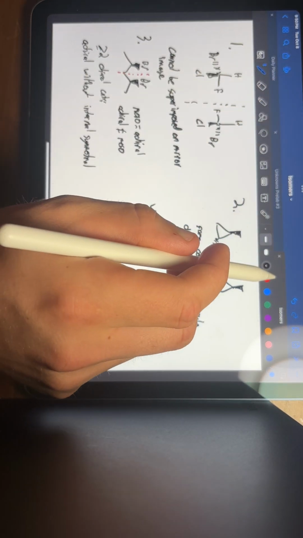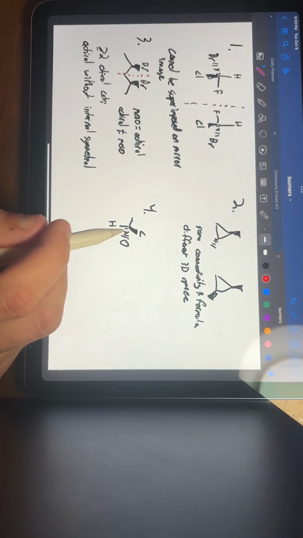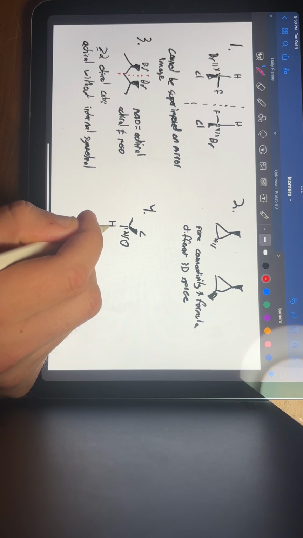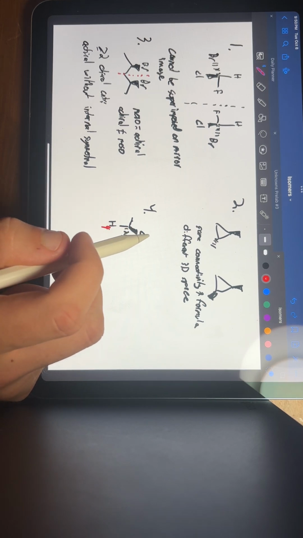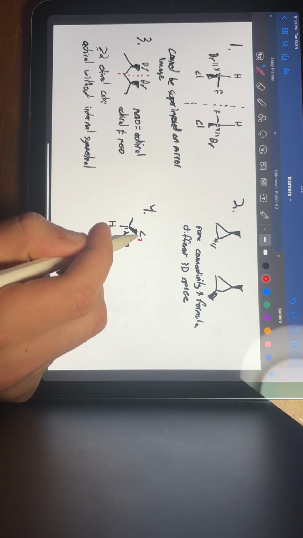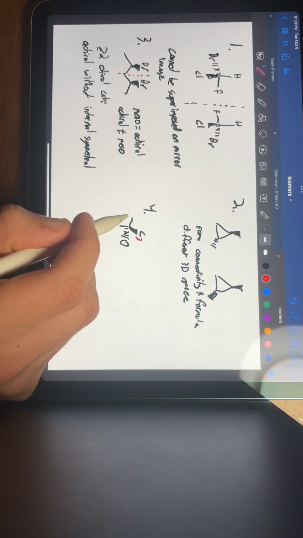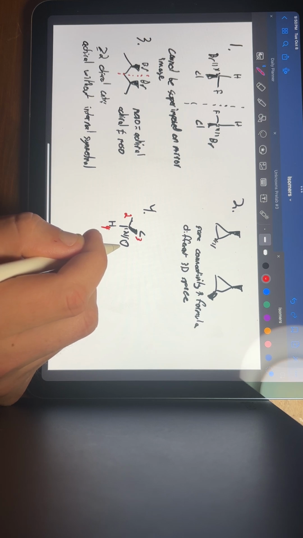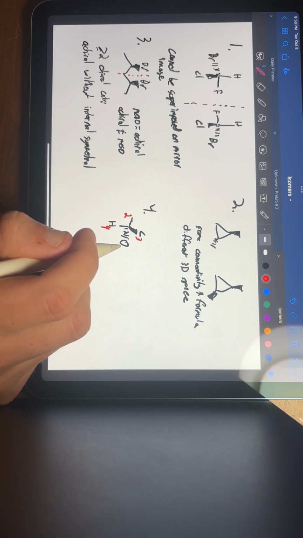And then we have to assign the importance to them. So the hydrogen is going to be 4. This carbon only has one other carbon attached, so that's less important. And then this carbon has, next over, an oxygen attached to it, so that makes it pretty important. This has an oxygen connected to it, so that makes it the most important.